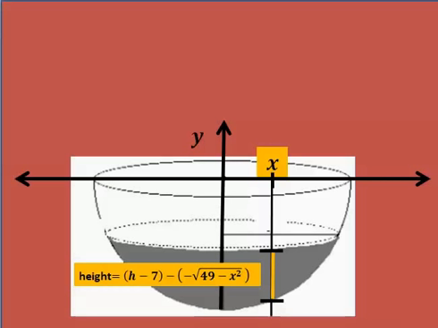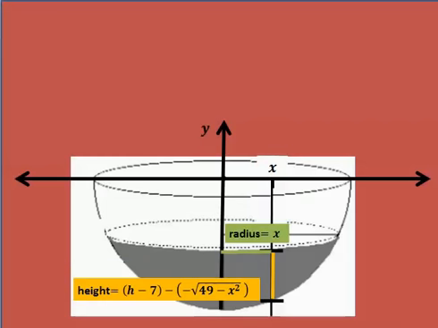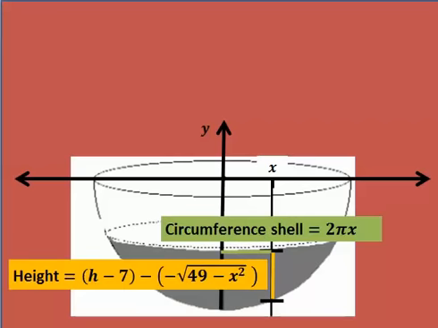Here is my height. After I find the height of my shell, I'm going to find the circumference. To find the circumference, I need the radius. Fortunately, that piece is easy. The circumference is just 2 pi x. At least there's one simple thing about this problem. The width of my shell is dx.